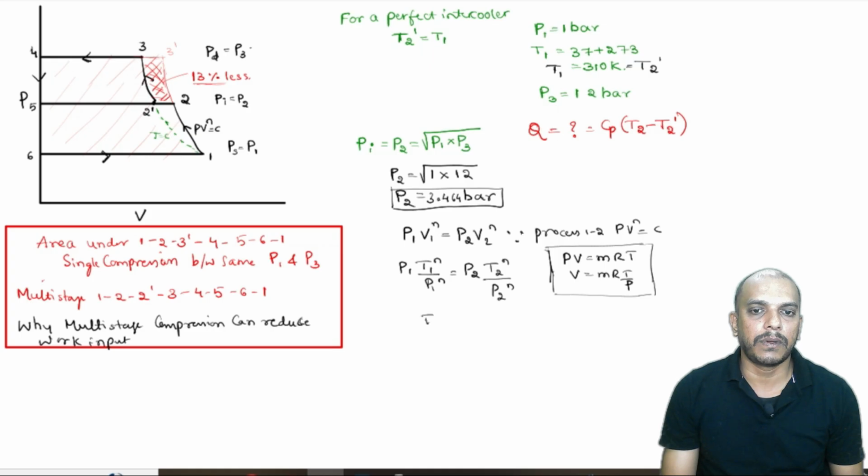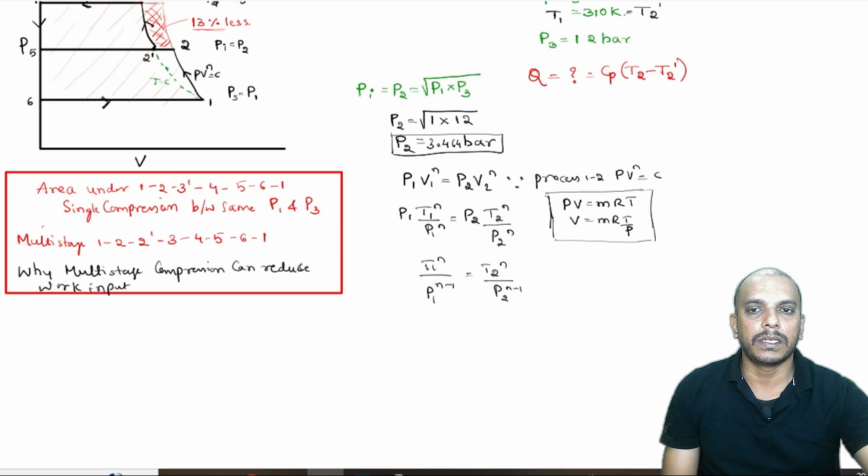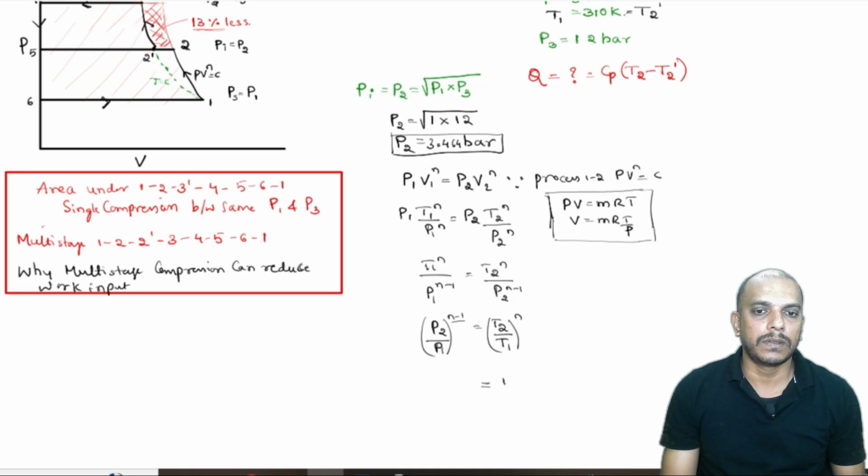Now, this can be further simplified: T1^n by P1^(n-1) equals T2^n by P2^(n-1). Now, we are interested in finding out T2. So, I will keep (T2/T1)^n on this side and (P2/P1)^(n-1) on the other side, and we know that this will be T2 by T1 equals (P2/P1)^((n-1)/n).